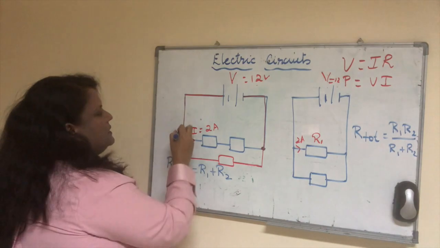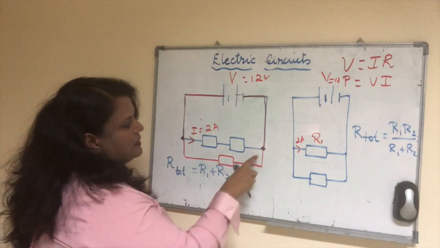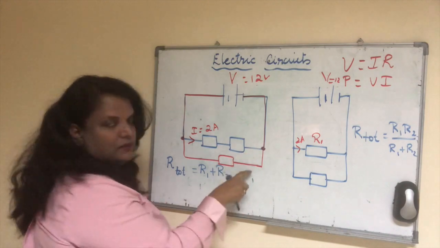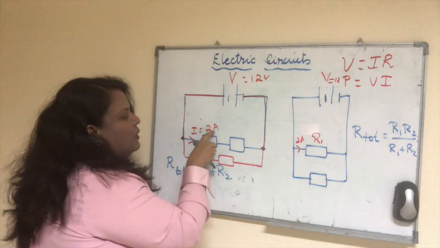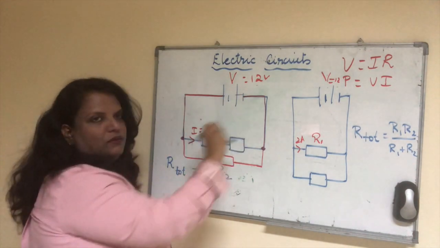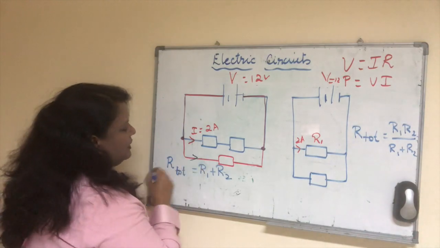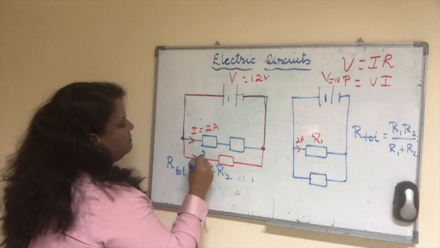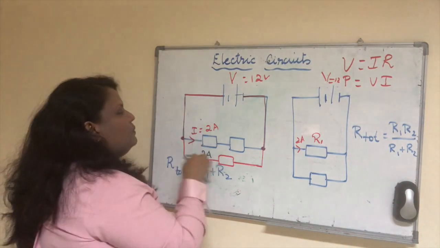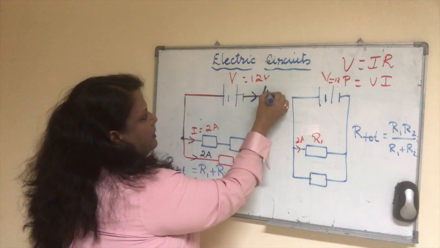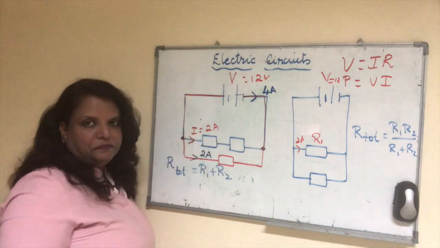Because it's just a single strand, the same connecting wire. But here it will get split because you have got a junction. So this 2 amperes now will not be the current that is flowing through the battery. It could be different. Say if you have calculated this to be, let's assume, also 2 amperes, then what will be the current drawn from here? It is going to be 4, because that gets split up here or here.